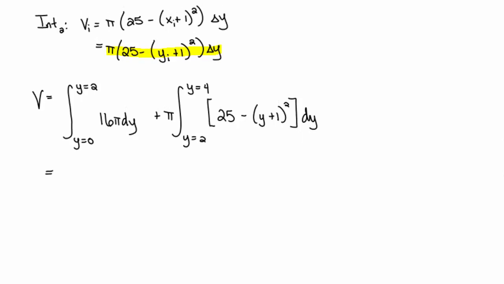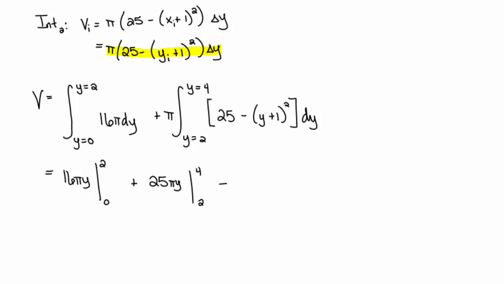So this is a pretty complex problem. 16 pi y is the antiderivative of 16 pi, evaluated from 0 to 2. And then this will be plus 25 pi y, evaluated from 2 to 4.